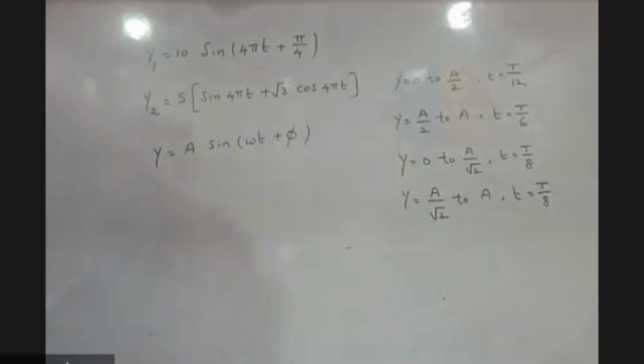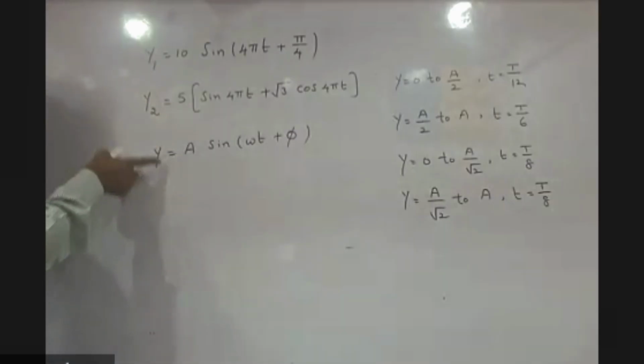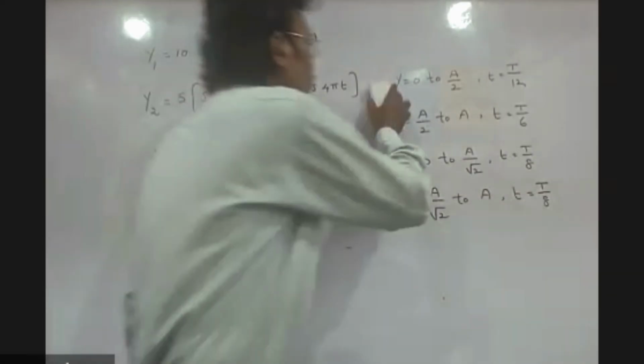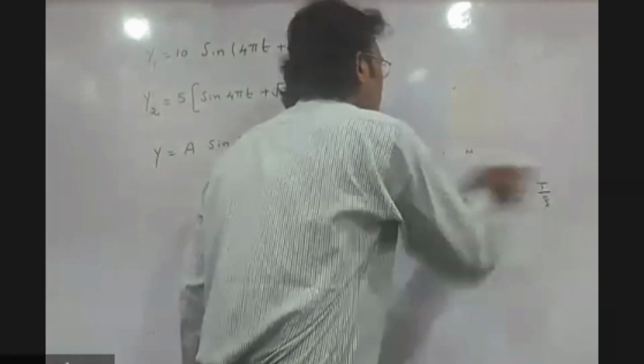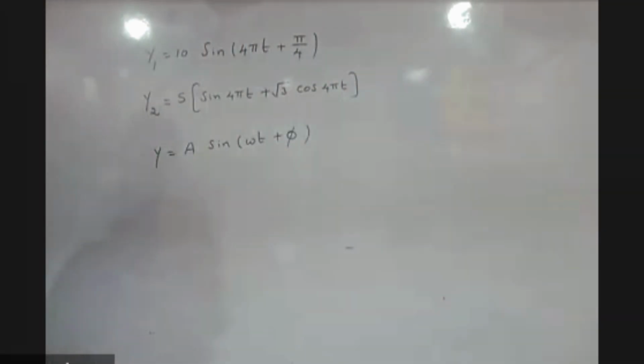This is in this form, and this also we need to write in the same form. Thereby we can take the amplitudes ratio easily. Both should be in the same form, then only there is a possibility of comparison.